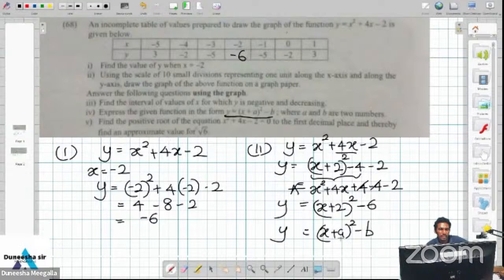Fifth one. Can you get the fifth one? Find the positive root of the x square plus 4x minus 2 equals 0.